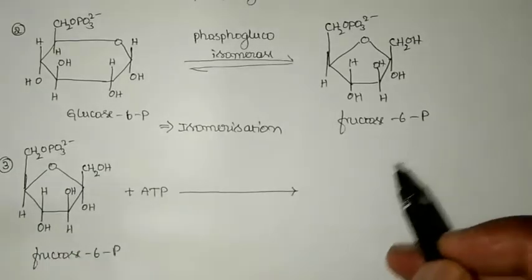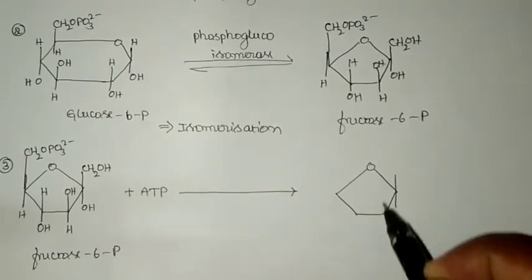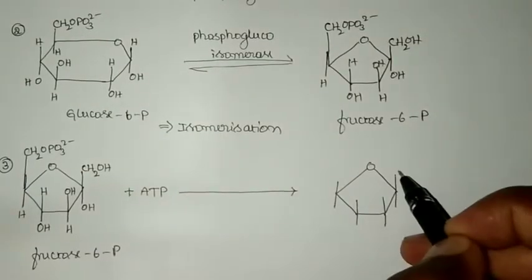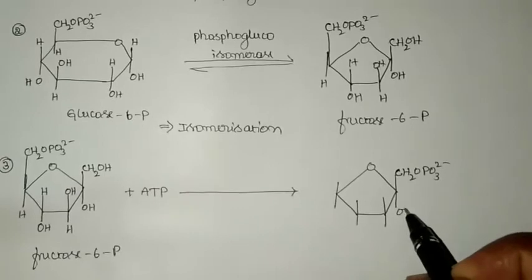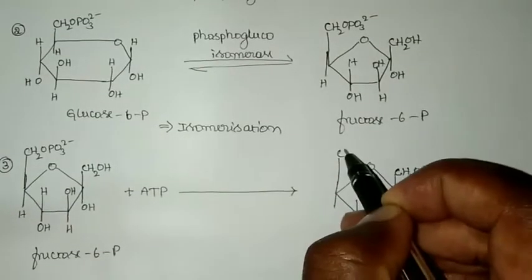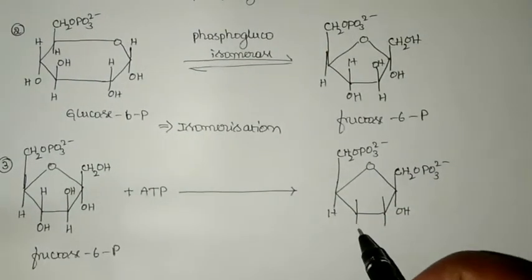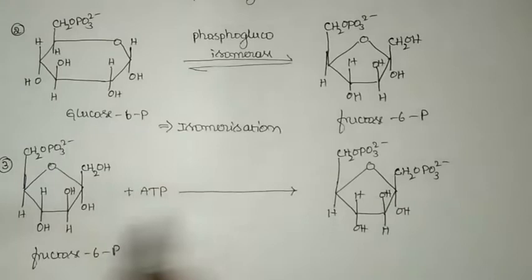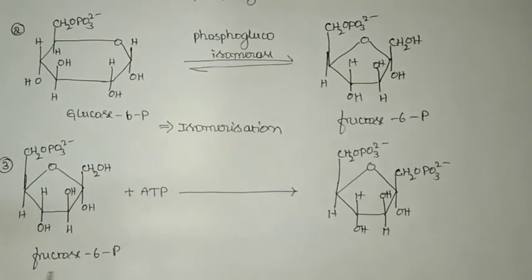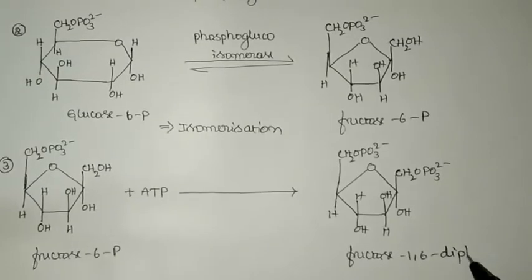Now the first position will get phosphorylated so as to produce fructose 1,6 diphosphate, and we shall write the structure of fructose 1,6 diphosphate, and here the first position is phosphorylated, and the sixth position is already phosphorylated, that is CH2O PO3 2 minus. So these are the structures of reactant and product in reaction number 3, that is fructose 6-phosphate is converted into fructose 1,6 diphosphate.